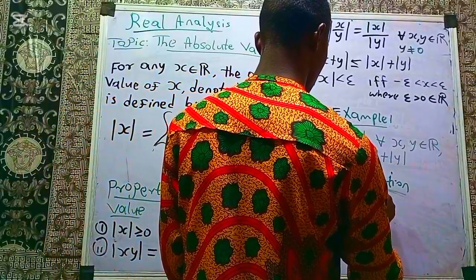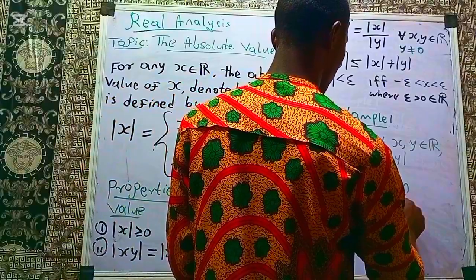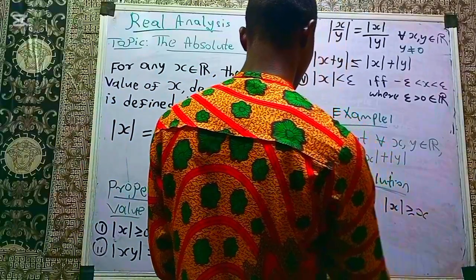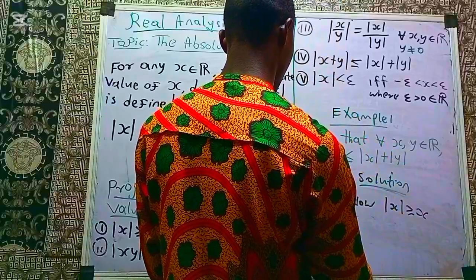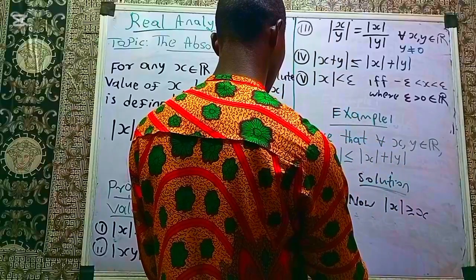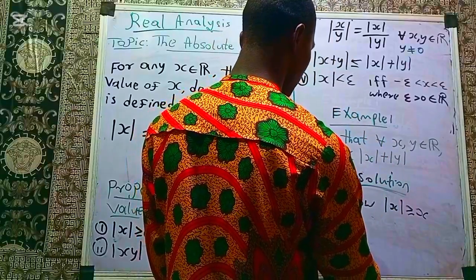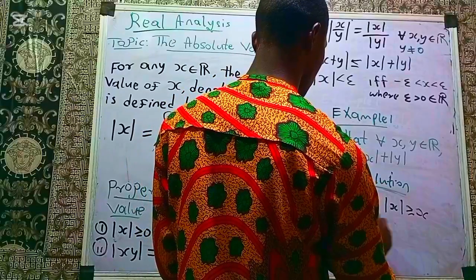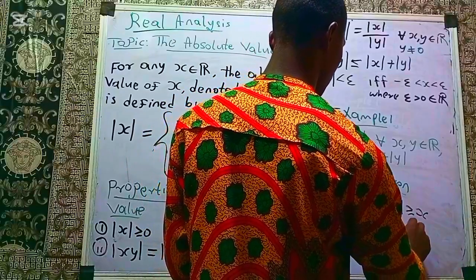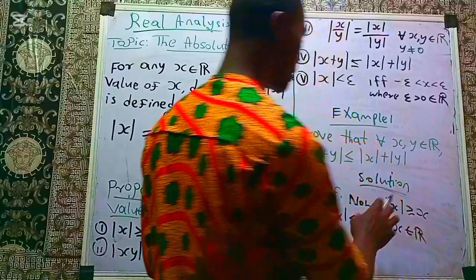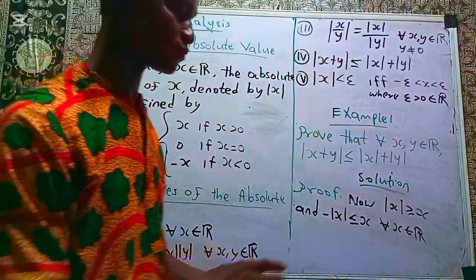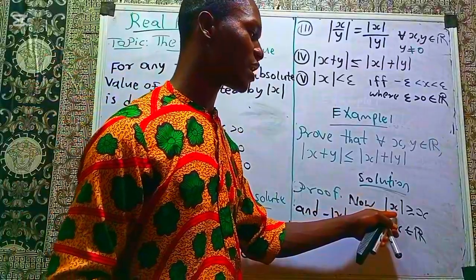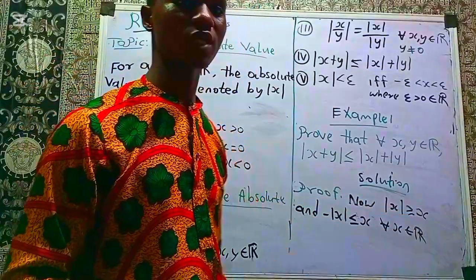Now, the absolute value of x will be greater than or equal to x, and negative absolute value of x will be less than or equal to x for all x elements of real numbers. What I wrote here is that for any real number at all, the absolute value of that real number will always be greater than or equal to that real number.